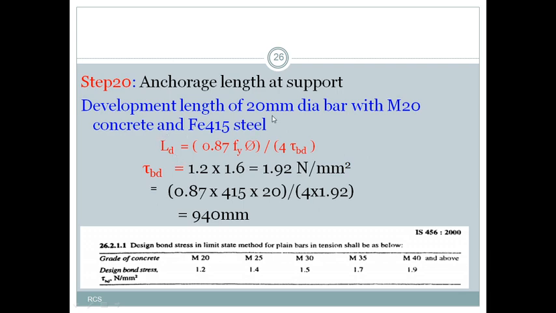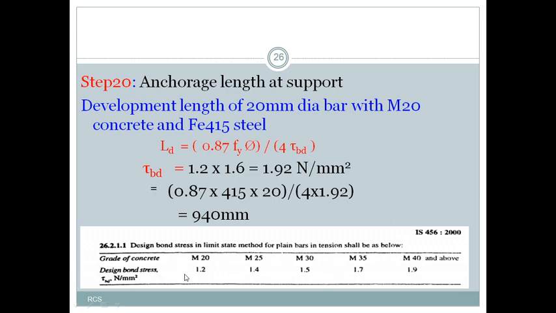The development length of a 20 mm diameter bar with M20 grade concrete and Fe415 steel is LD equal to 0.87 Fy phi by 4 into tau BD. Here phi is the diameter of the bar, Fy is the grade of steel, and tau BD is the bond stress. This bond stress can be calculated based on the table given in IS 456 2000.